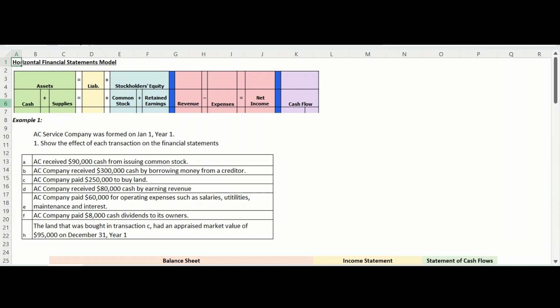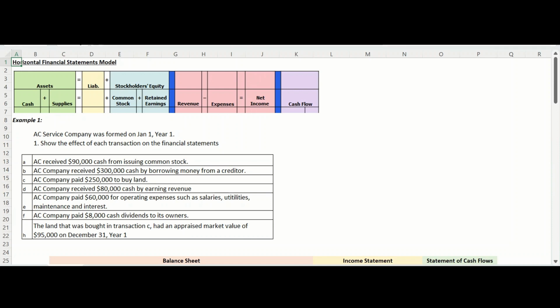So here we've shown a few different accounts: a cash asset account, a supplies asset account, and you can see stockholders' equity broken down into common stock. Knowing the impacts of transactions on the different financial statements will help in our business degree. So even if you're not an accounting major, you still need to know how transactions affect the financial statements.